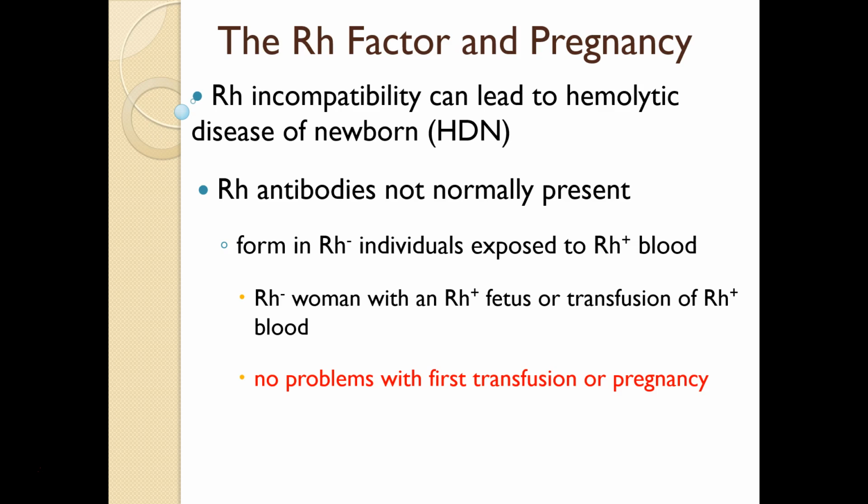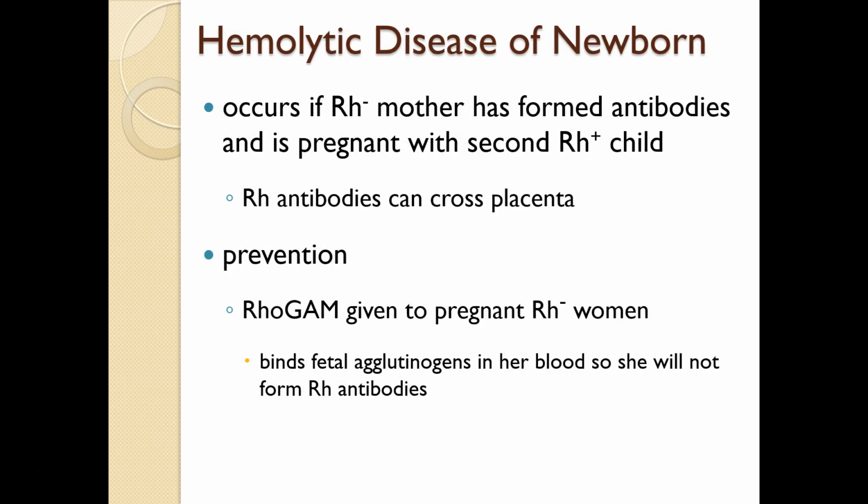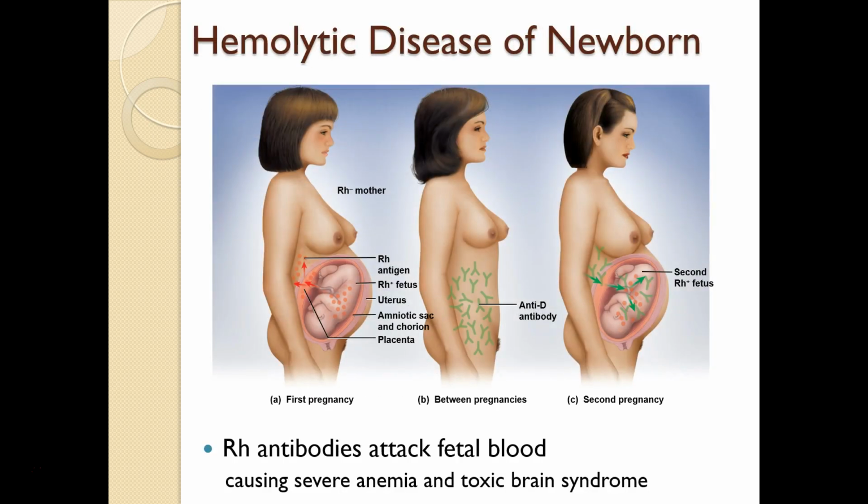That usually doesn't happen with the first pregnancy because she hadn't been exposed to RH positive blood just yet. But the second pregnancy, there's more of a concern there. So RH negative women that have an RH positive fetus, if they don't get treated, may have hemolytic disease of the newborn, where the mother's antibodies start to attack the fetus's red blood cells.